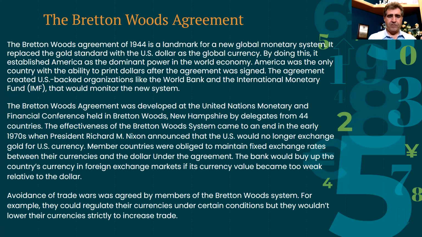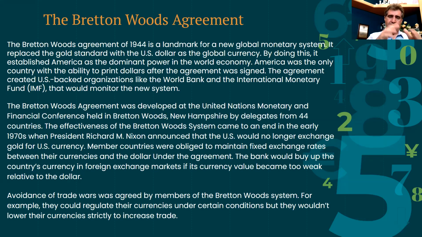This was done by the United Nations Monetary and Financial Conference in Bretton Woods, New Hampshire. In the 1970s, the effectiveness of Bretton Woods faded away, because President Nixon came and said we no longer exchange gold for US currency.